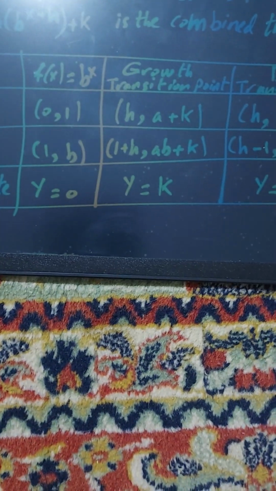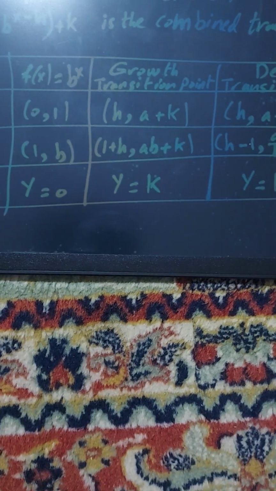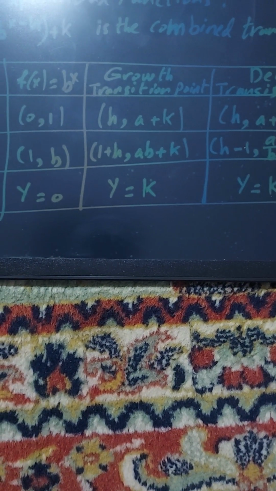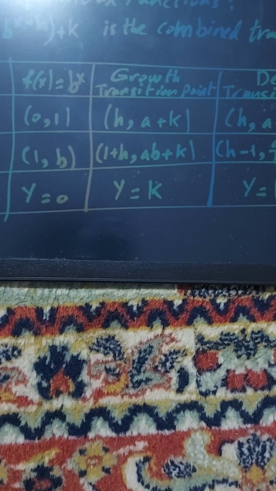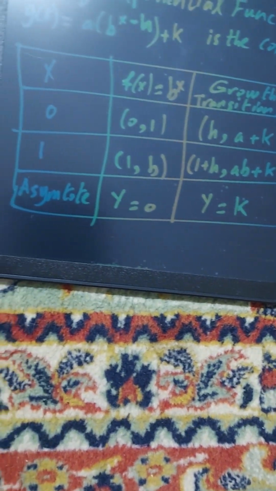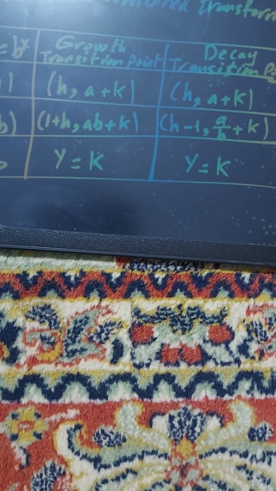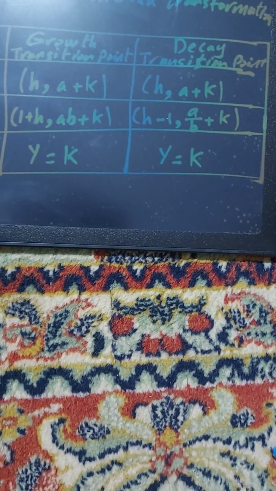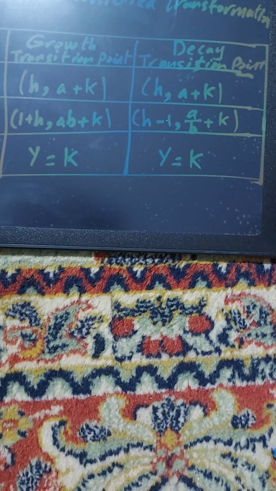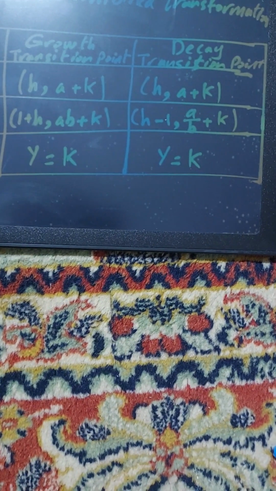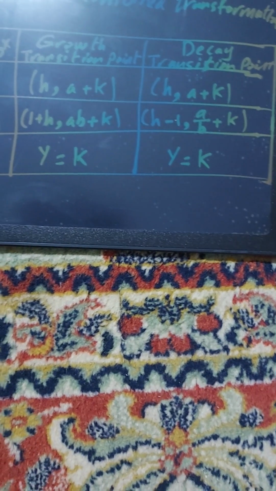For the parent function y equals b^x, we have the point 0, 1, but the transition point for growth and decay will be h comma a plus k.